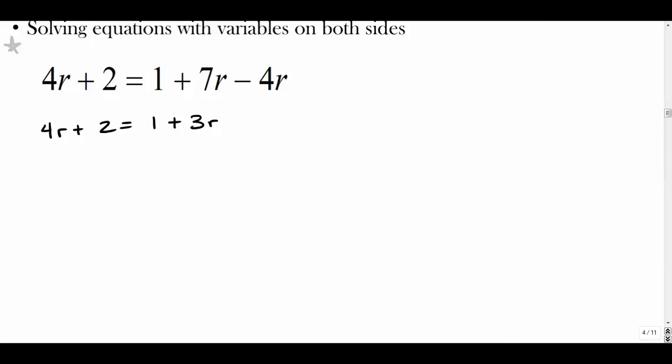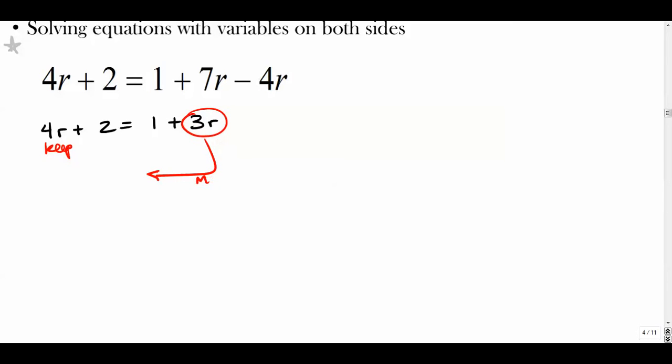And when I move stuff across, take a look at your coefficients of your variable, 4 and 3. Whatever one is bigger, keep that one where it is. 4 is bigger than 3, so I'm going to keep this one right here, and I'm going to take the 3r and move him over. It's not magic though, it's actually by using inverses.